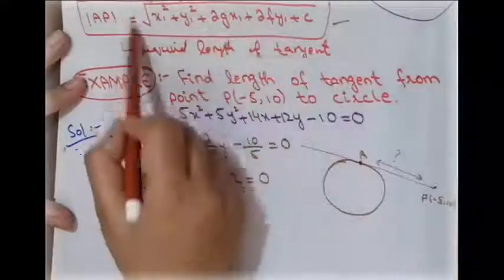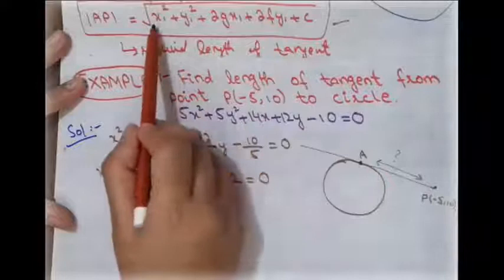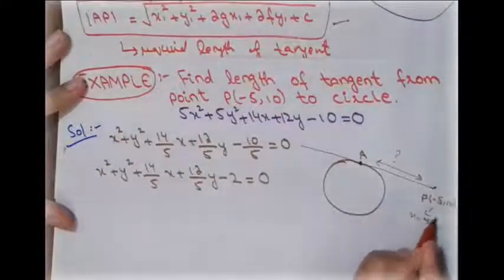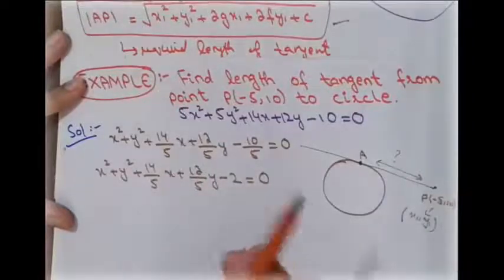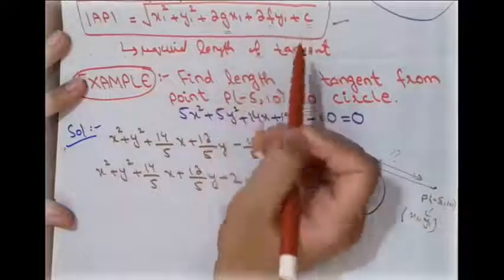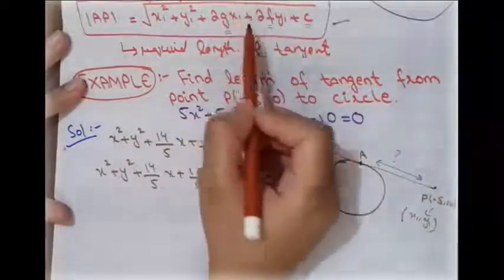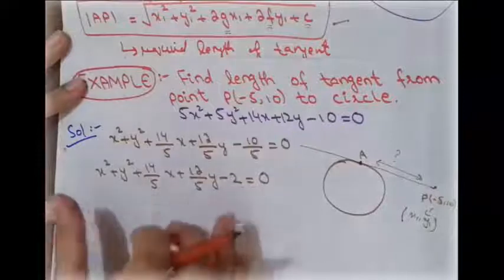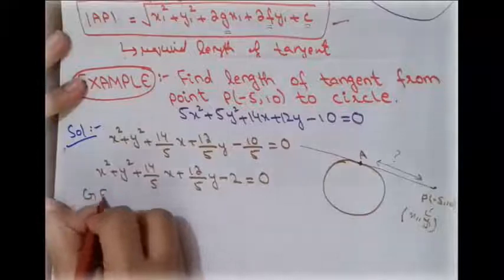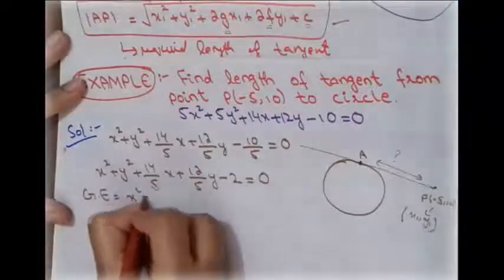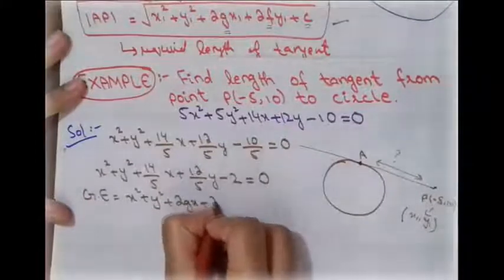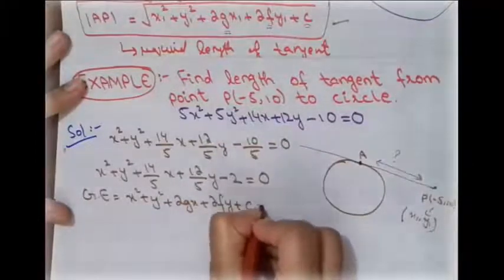As you see in the formula, we are required to find the values of x1 and y1, as these points are x1 and y1. And the second thing we require is the values of g, f, and c. We find these values by comparing this equation with the general equation of a circle, x squared plus y squared plus 2gx plus 2fy plus c equals 0.